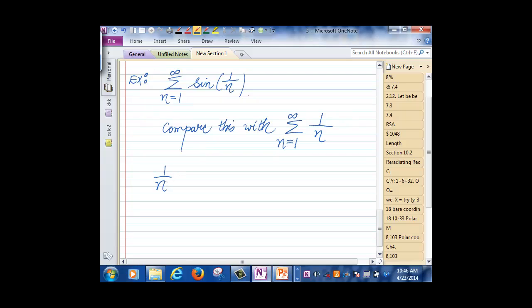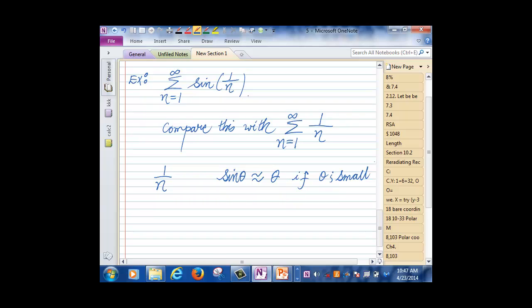Now, you have to remember one fact about the sine function: sine of theta is approximately the same as the value of the angle theta itself if theta is small. If theta is a very small angle, then sine of theta is about the same as the value of theta, the radian measure. Is that making sense?